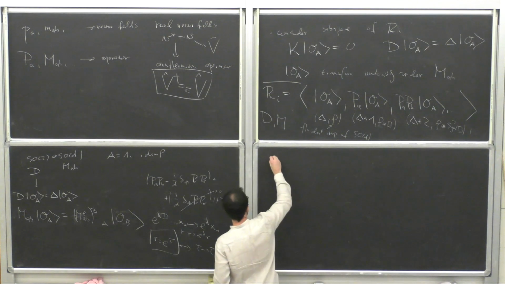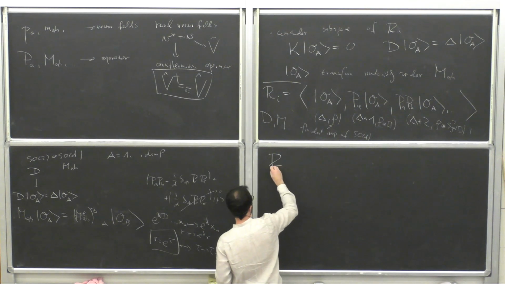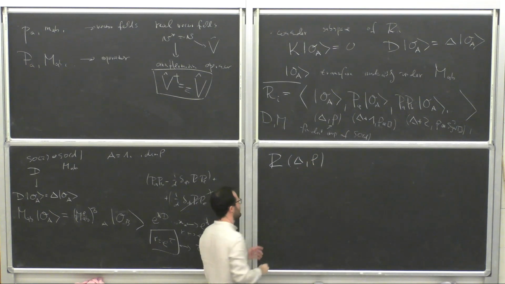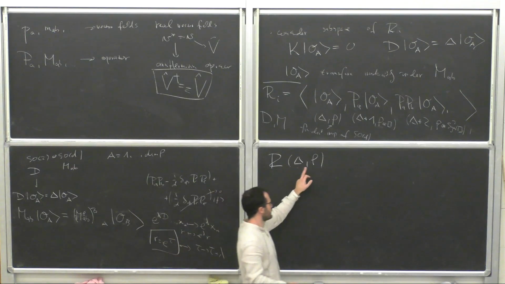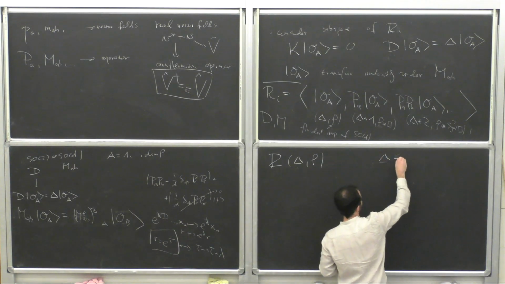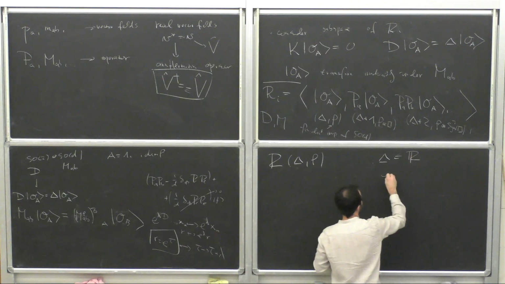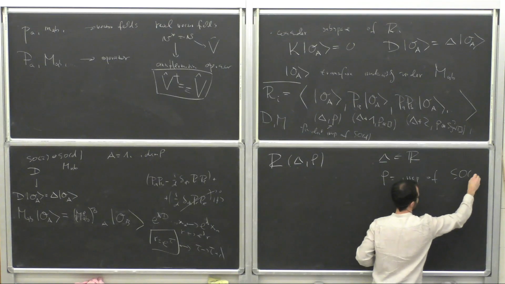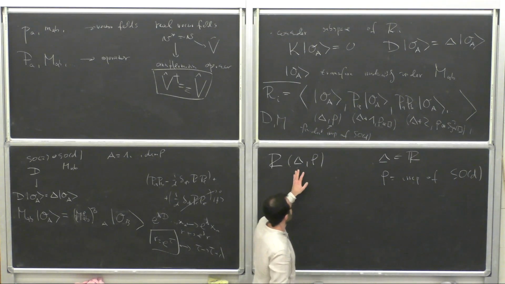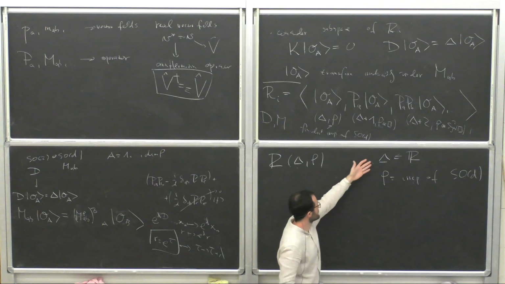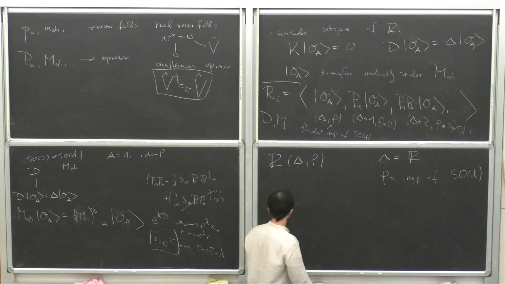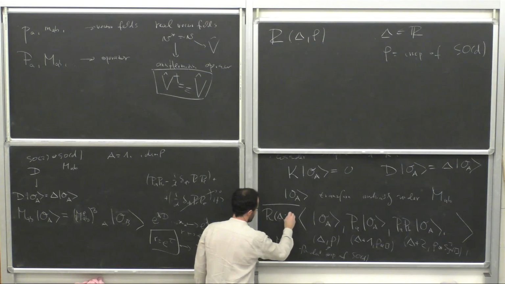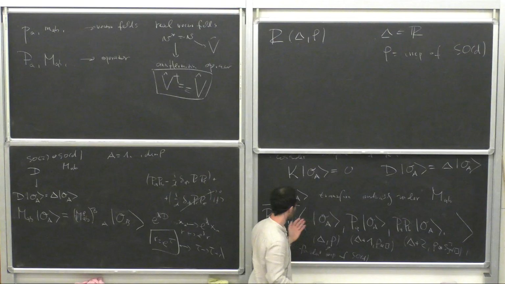So we have these representations. Let's call them D. The irreducible representations are labeled by delta and rho, where so far delta is just a real number, and rho is an irrep of SO(D). The representation corresponding to these labels is this one. Here's a basis for R delta rho.